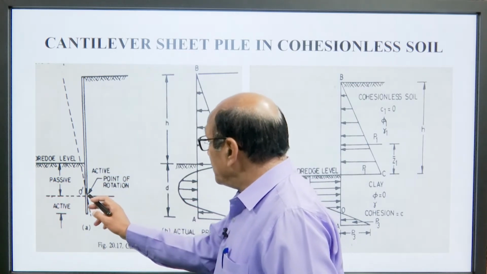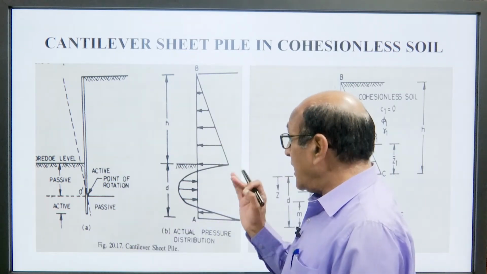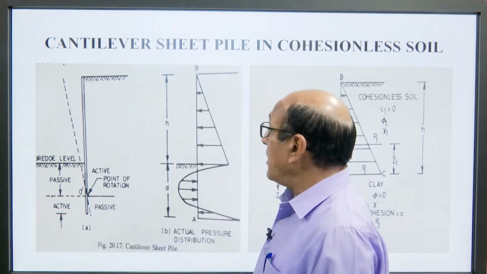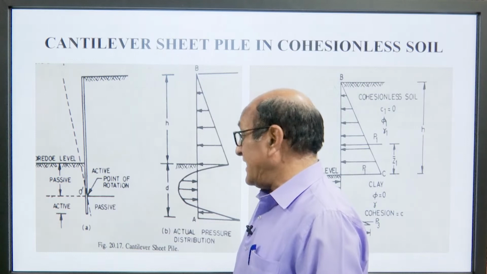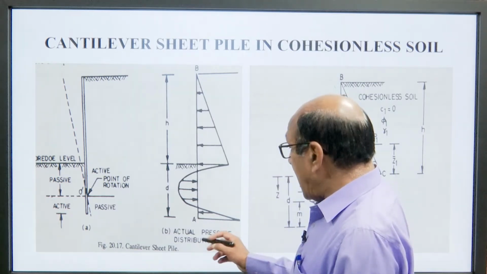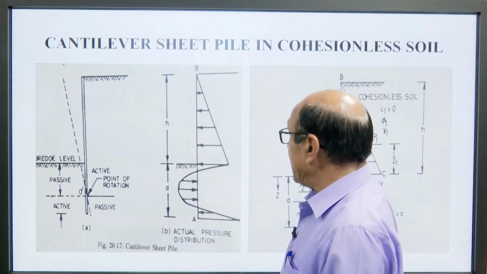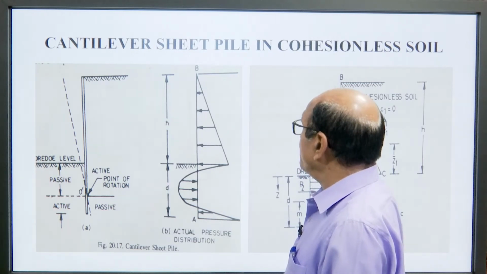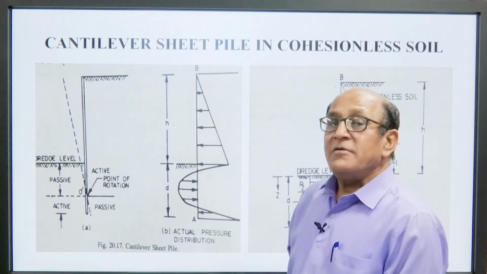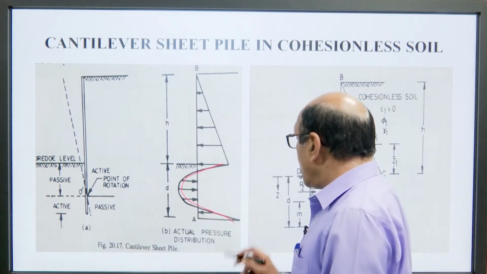This is the point of rotation. In this case, the sheet will rotate at the bottom point of the dredge line. So, here this is the actual pressure distribution and we can see the height h and the depth d, and this is not a straight line, but a curve like this one.